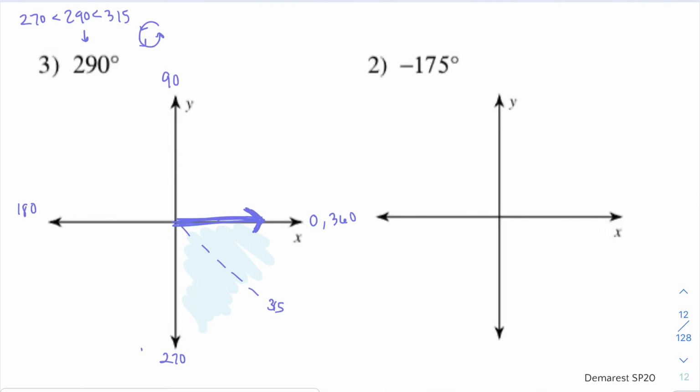This is what I do in my head so that I can figure out where the terminal side should be. So then I see, okay, well, 290 is just a smidge closer to 270 than it is to 315, right? It's 25 degrees from 315, 20 degrees from 270. So my terminal side is just going to be a little closer to 270 here.